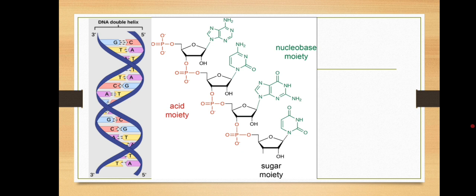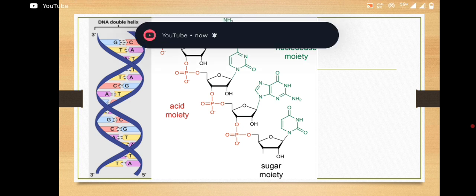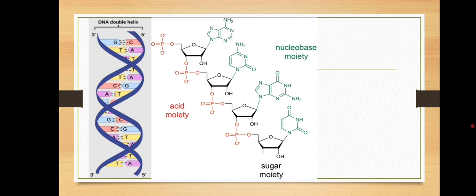One is the PO4 phosphate group, the red one; the black one is the sugar moiety; and the green one is the nitrogenous base. But the acid is actually the phosphate group, which acts as an acid.